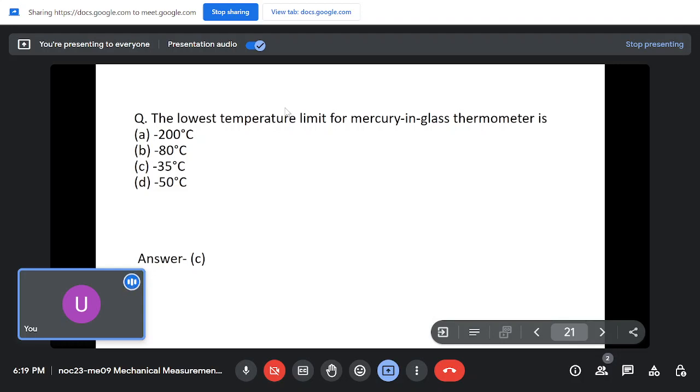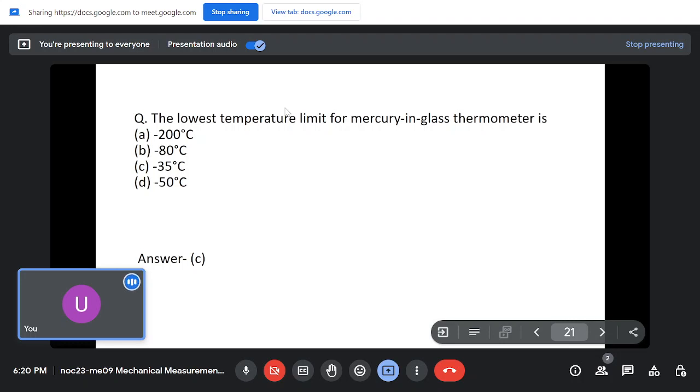The reason being, the freezing point or the melting point of mercury is close to minus 40. So it will start freezing, and we cannot measure the displacement or change in the volume of the mercury. You also put in a safety factor of another 5 degrees, so the lowest it can measure is minus 35 degrees Celsius.